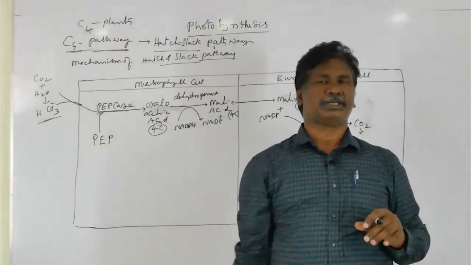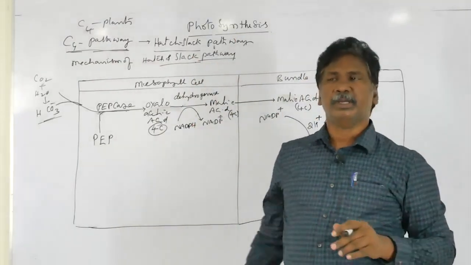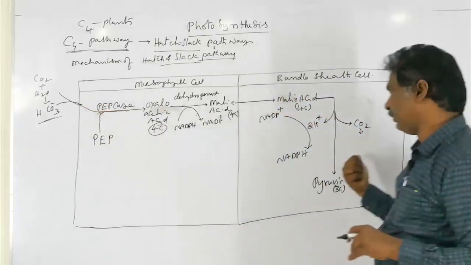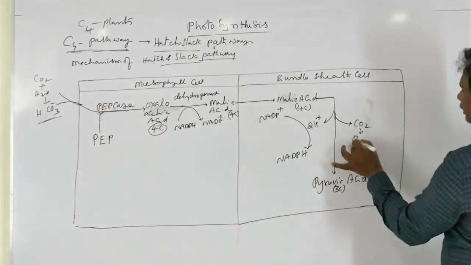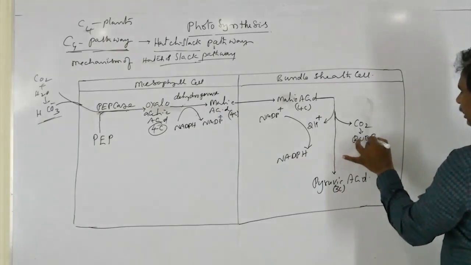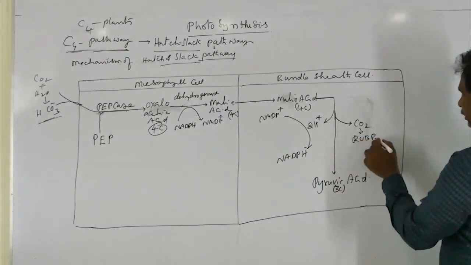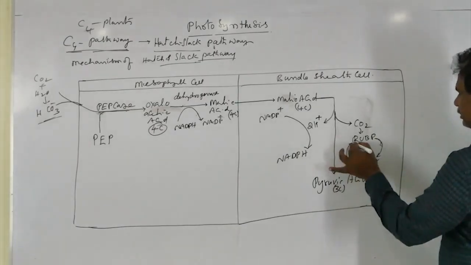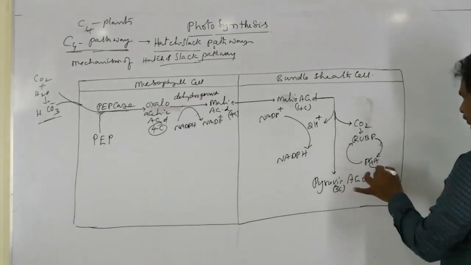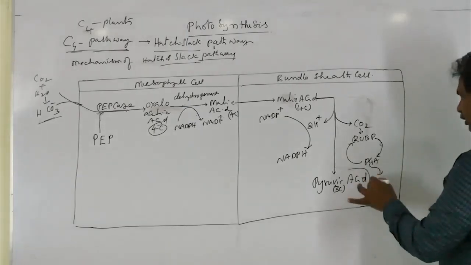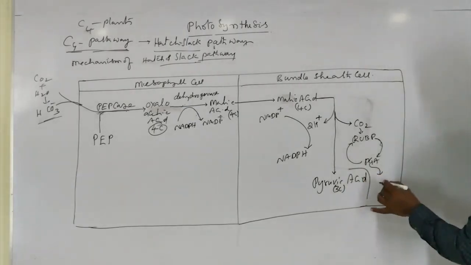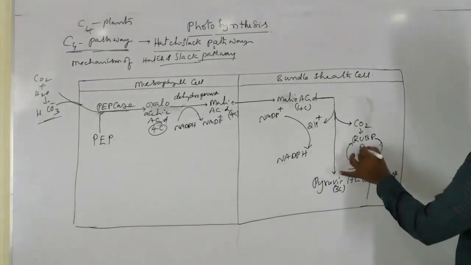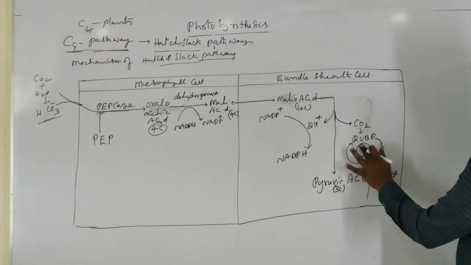How many carbon fixations? 2 carbon fixations. The C4 pathway takes place in mesophyll cells. Now that CO2 is accepted by RuBP and converted into phosphoglyceric acid, which also regenerates, and some of the phosphoglyceric acid is used for the synthesis of glucose through the C3 pathway.